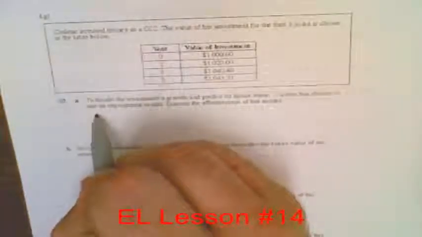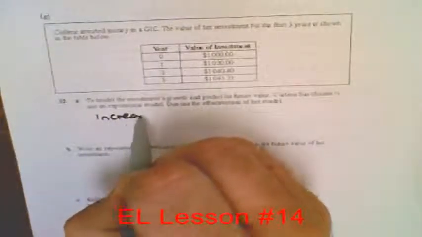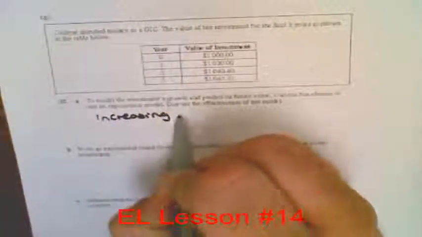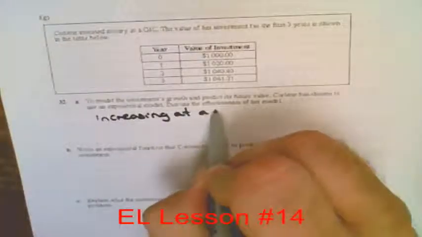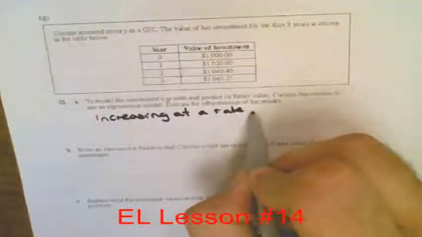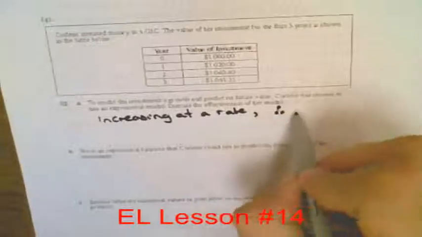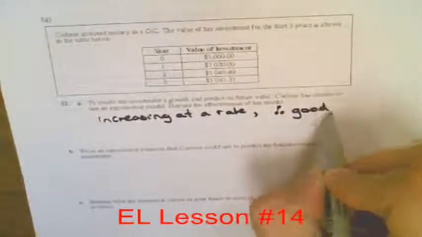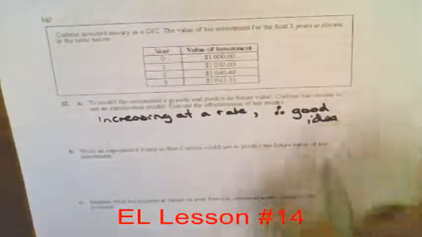Discuss the effectiveness of her model. Basically, when you talk about this, it's increasing at a constant rate. Therefore, it's a good idea, because it's increasing by a certain percentage each time, so that's good.